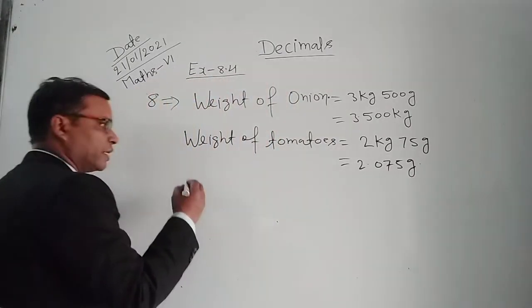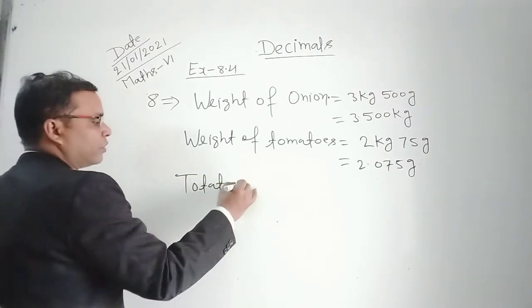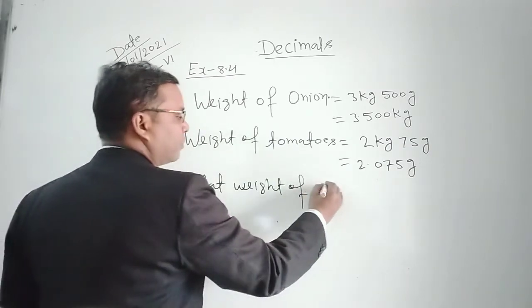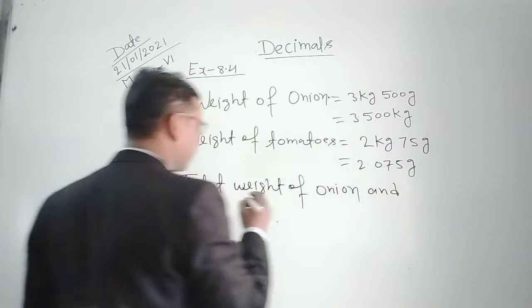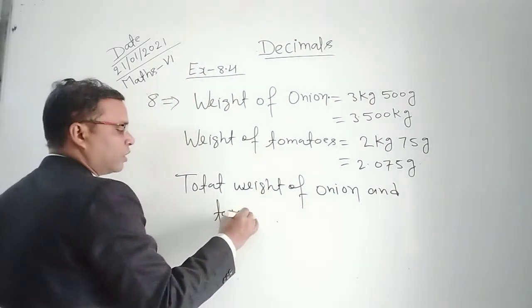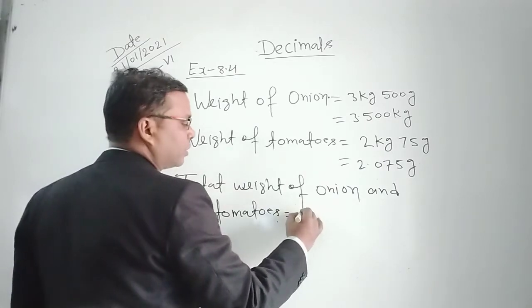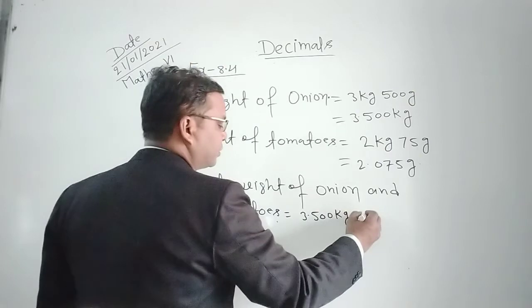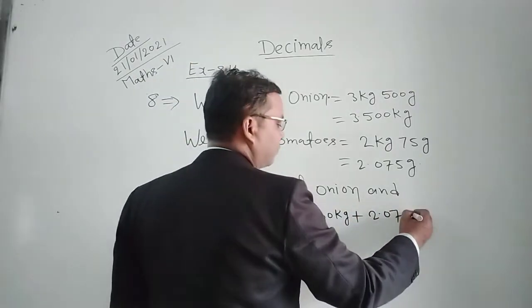So you can write here: total weight of onion and tomatoes is equal to 3.500 kg plus 2.075.